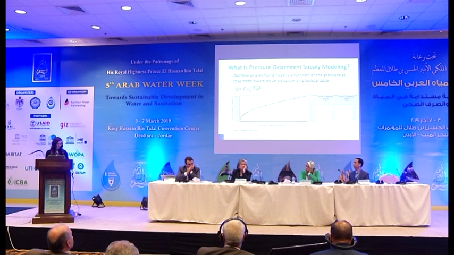This blue curve shows how the demand at the customer connection point is related to the pressure available at the connection point during the supply time.